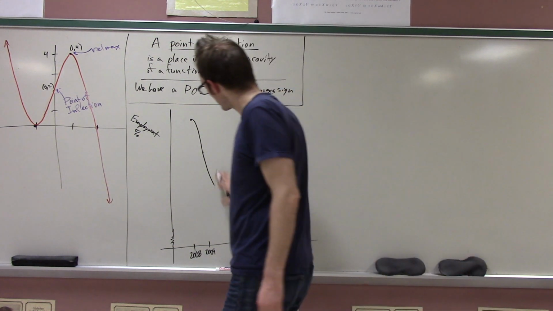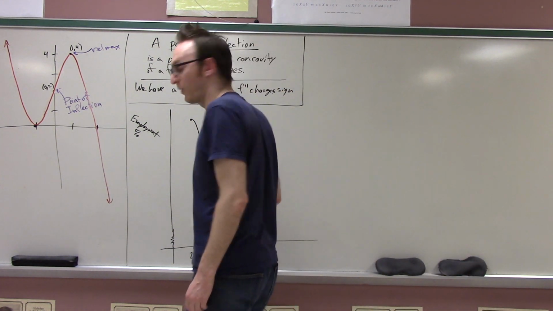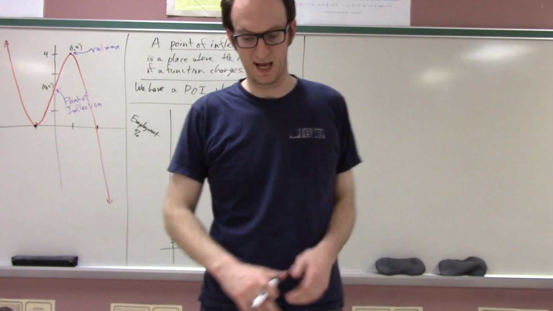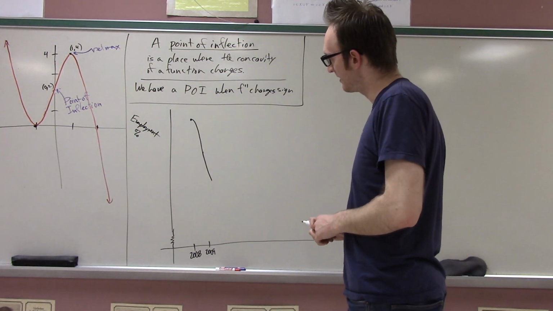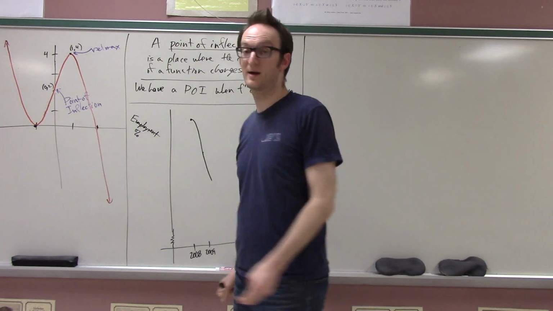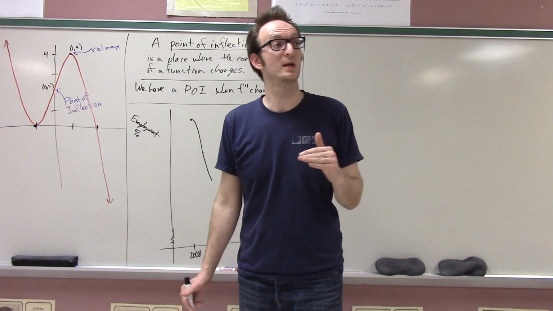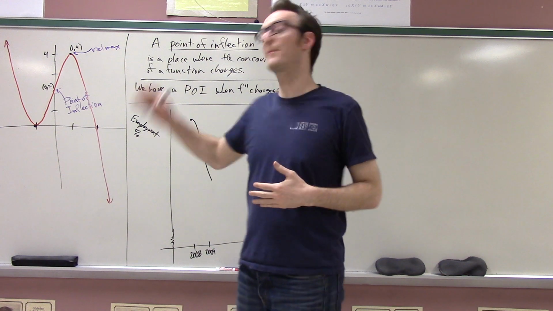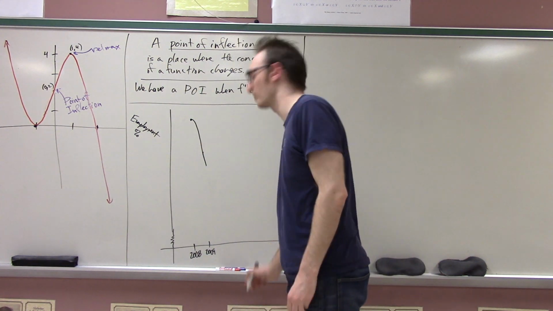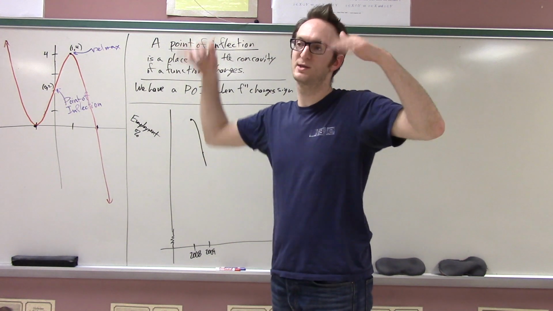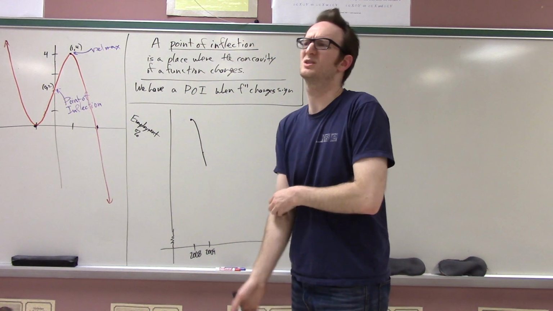Now, what normal people might say is, man, when is the economy going to get better? And when the economy gets better is the point at which the employment numbers start going back up again. And we know that the employment numbers hit their low, or I guess unemployment hit their high, I actually don't remember.